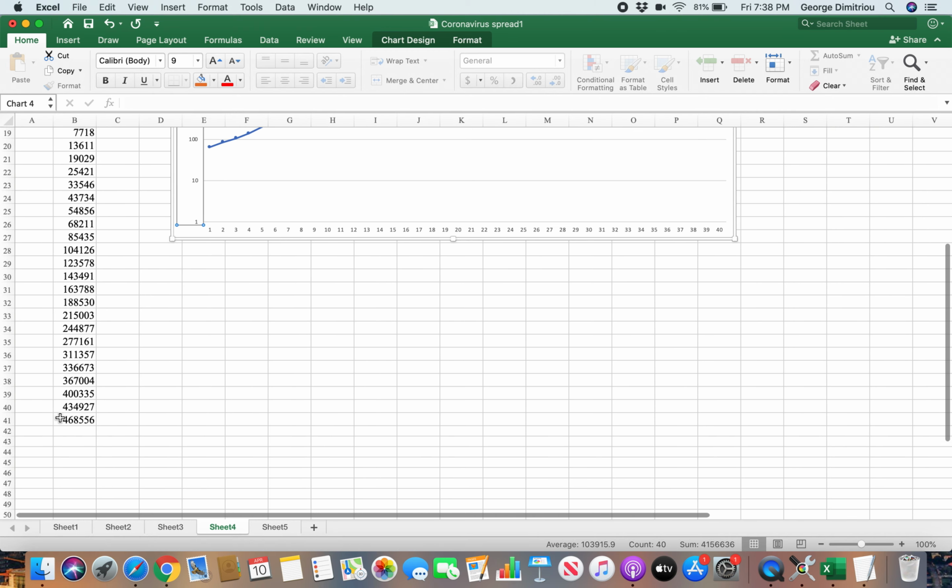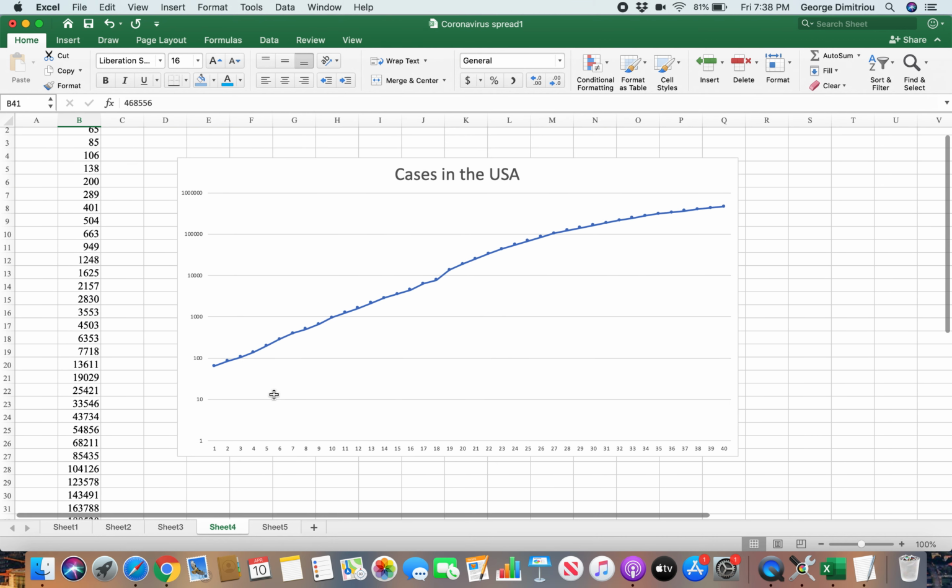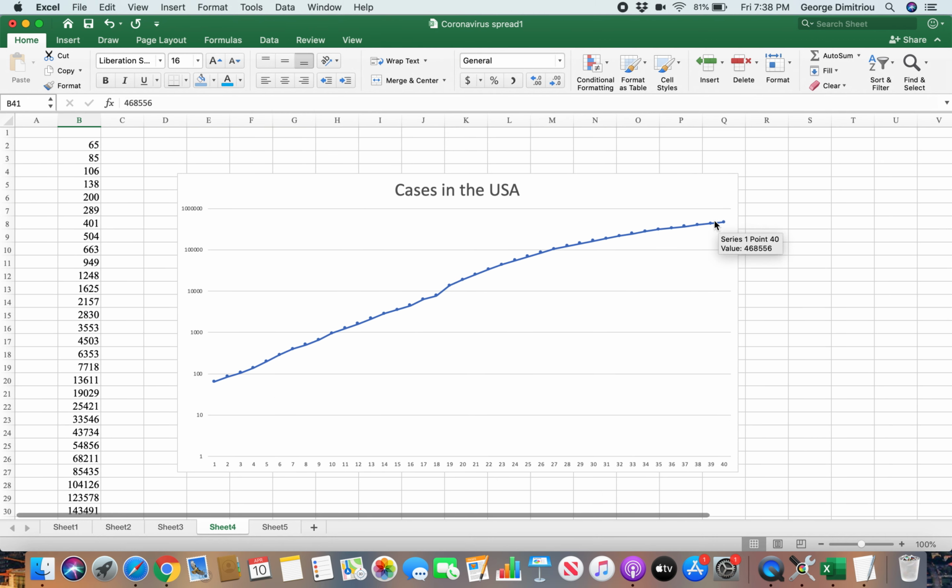You can see we're at 468, that's the last data point here. But because it's logarithmic, 468,000 is not that much higher than 434,000, because this inch here is between 100,000 and a million, whereas this inch is between 10,000 and 100,000. It's increasing by a factor of 10 each time.